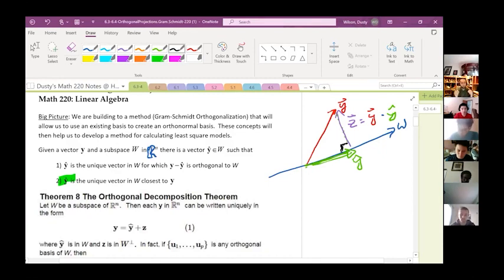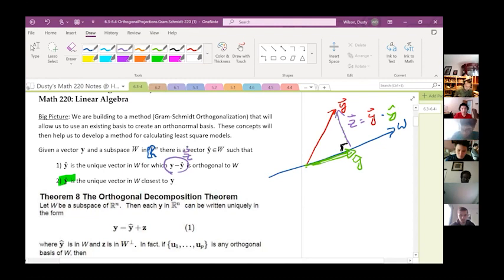But we're talking about closest to Y. This could be in not just 2 dimensions, but 3 dimensions or 5 dimensions or 100 dimensions. So the idea of close isn't always as obvious as it is in this picture. And then Y hat is again the unique vector for which Y minus Y hat, this would be our Z vector, is orthogonal to W.